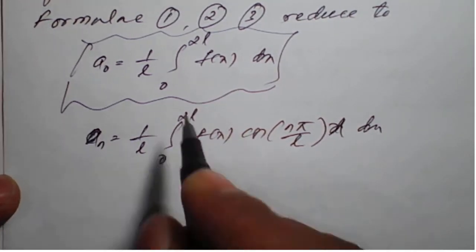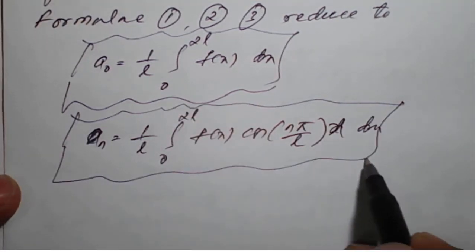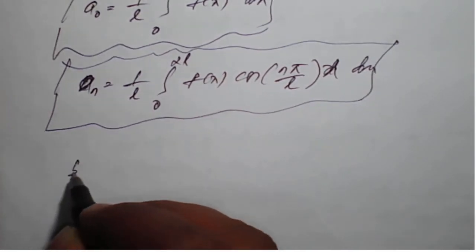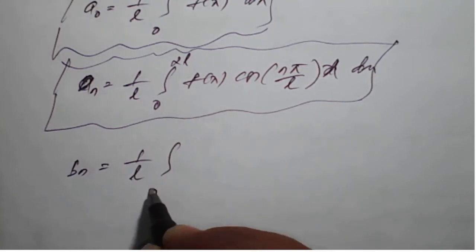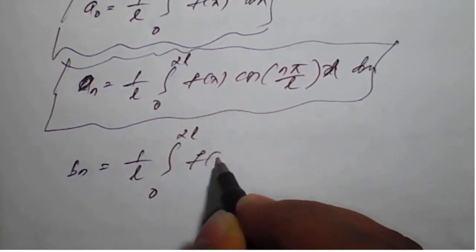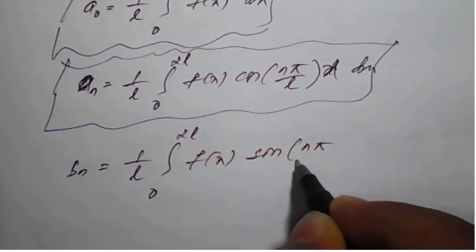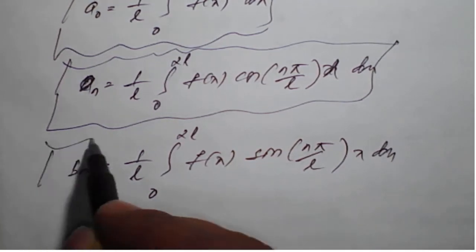And bn is equal to 1 upon l integration 0 to 2l f of x into sine of n pi upon l into x dx.